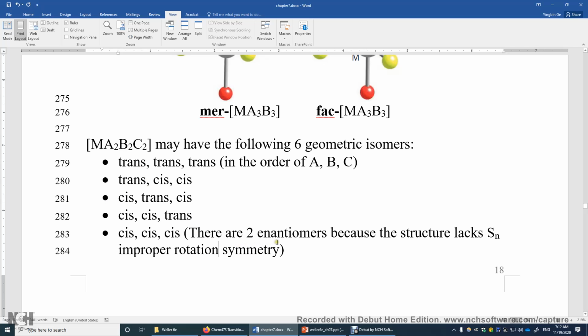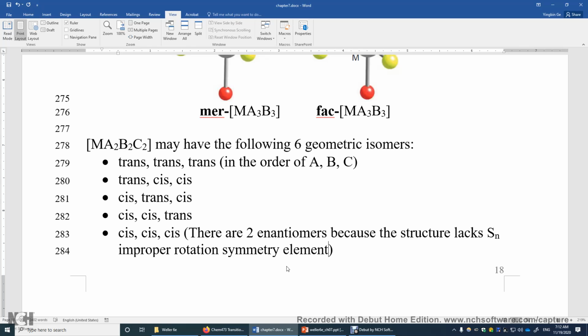So what's an improper rotation symmetry element? That means you rotate this structure a certain number of degrees. So if it's an Sn improper symmetry element, that means you need to rotate this structure 360 divided by n degrees, and then followed by a reflection with respect to a symmetry plane perpendicular to the rotation axis.